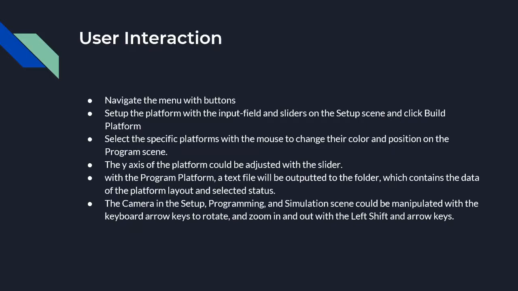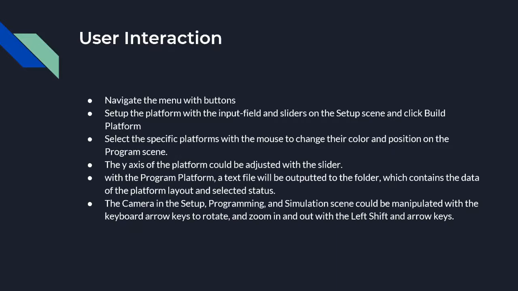All right. When in the platform program scene, when we have selected all the nodes and we have changed its height, then when we click on the program button, it will store the data in the text file.